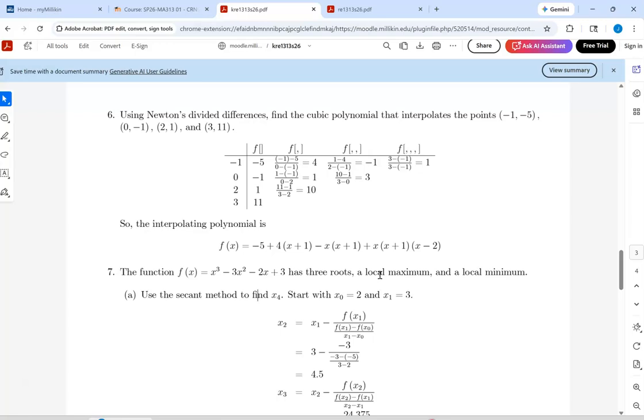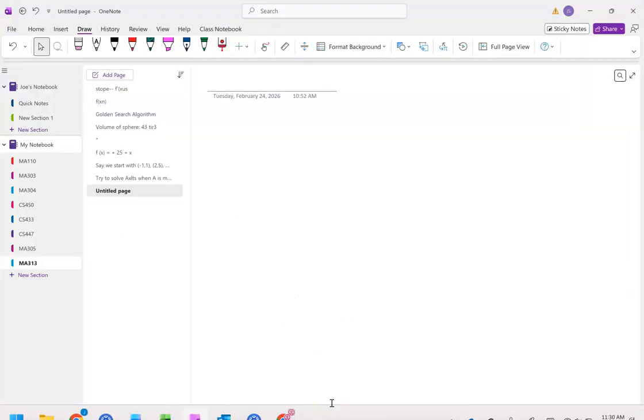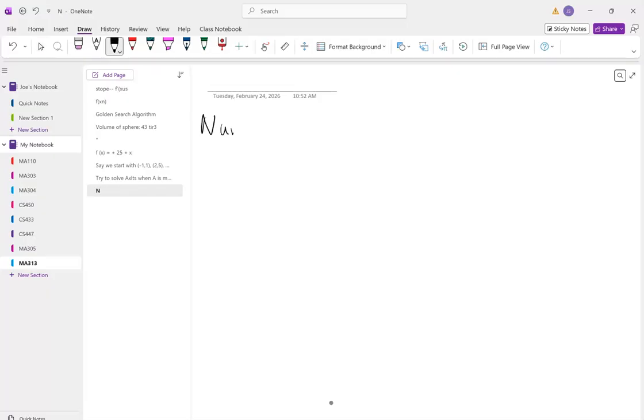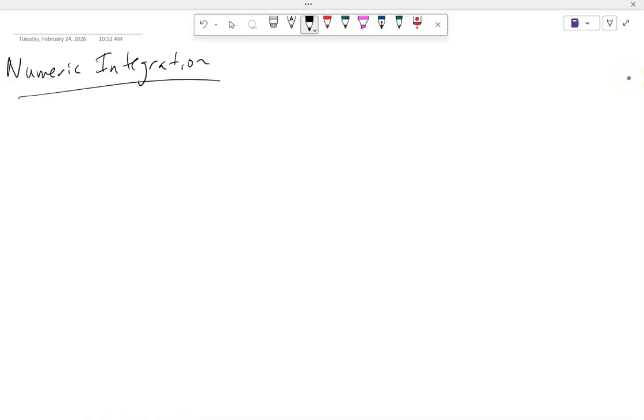All right, so let's talk about a little bit of new stuff. This will not be on your exam, obviously. What we want to talk about now is something that you probably talked about in Calc 2 a little bit, and that's numeric integration.